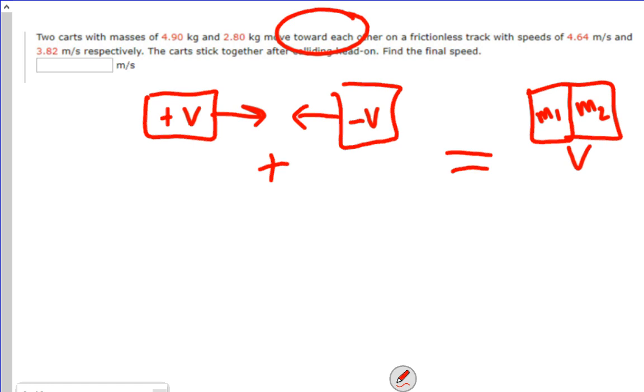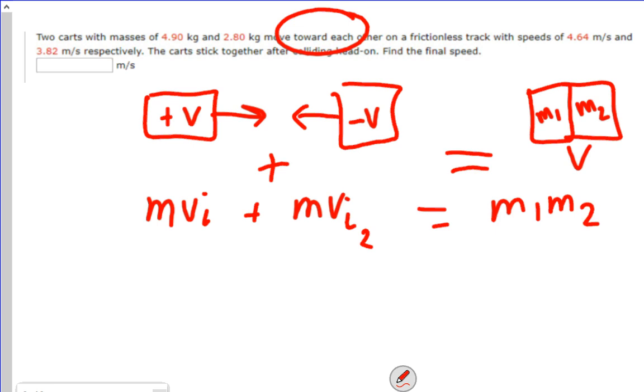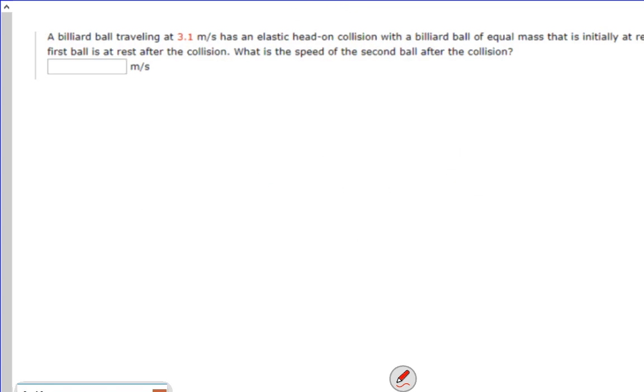So you can probably figure out where I'm going to go with this one. Sorry, it's not multiplied, that's added times your velocity. But knowing that this one is a negative velocity, that's the crux of the problem. That's really the key to solving it.